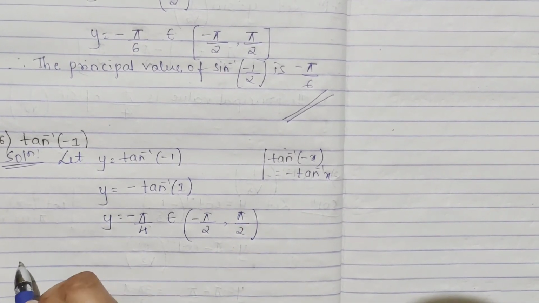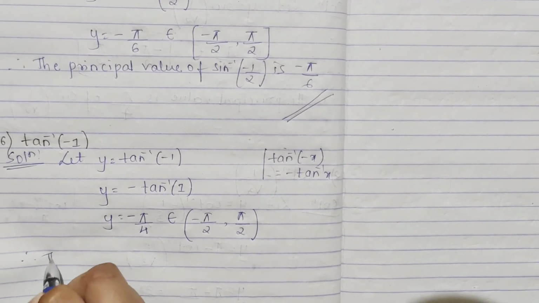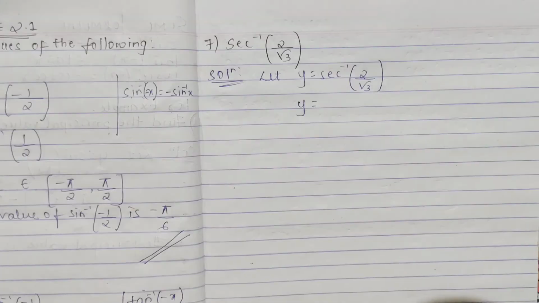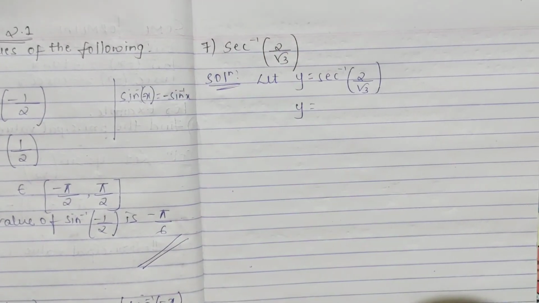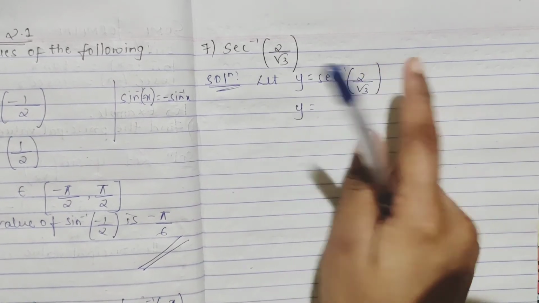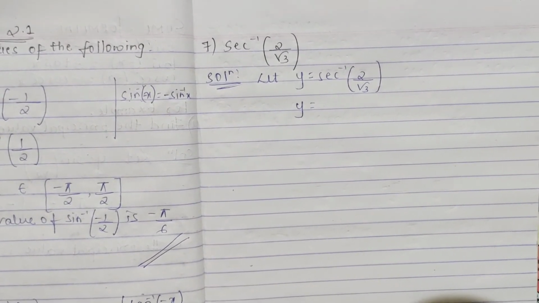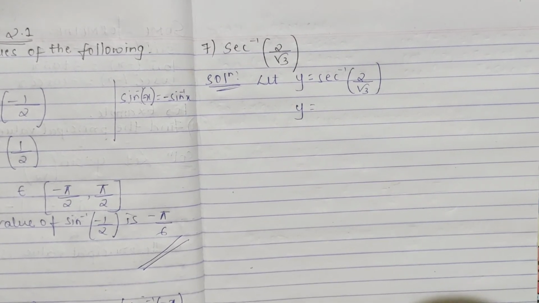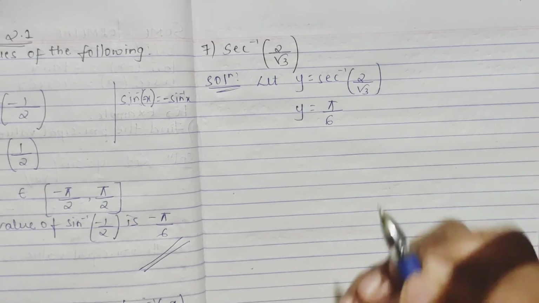So you can write, therefore, so next problem, same 7th one I have taken, and it is sec inverse 2 by root 3. So same solution, let y be sec inverse 2 by root 3, it lies at which angle? Sec of 30 degree is 2 by root 3, right. 30 degree means pi by 6, yes.